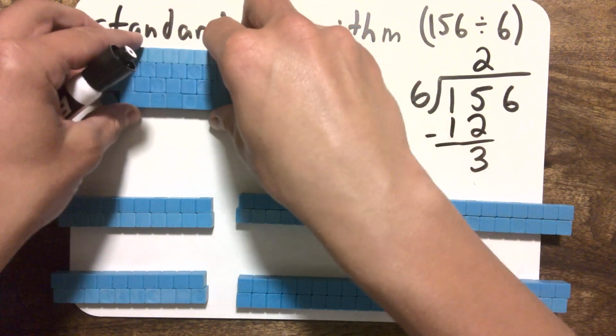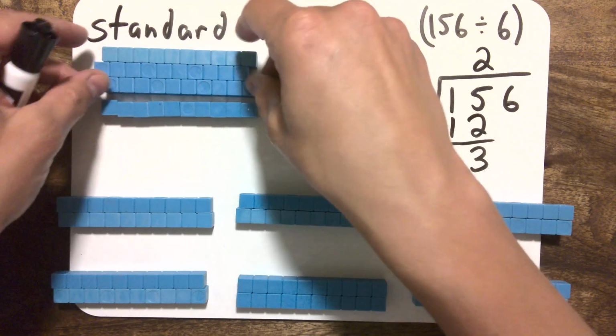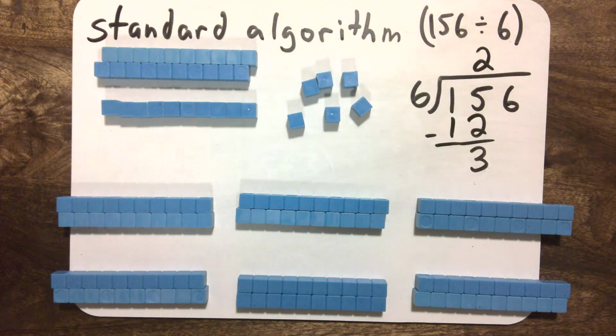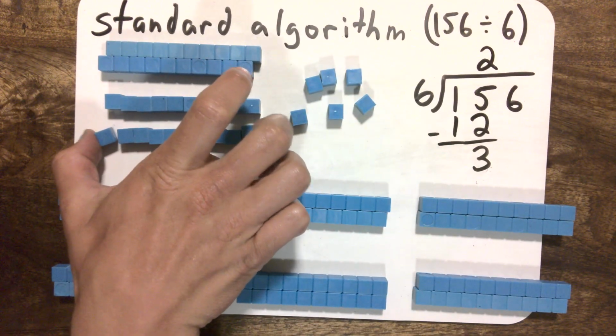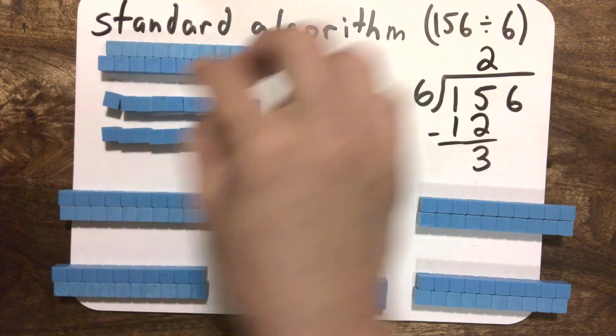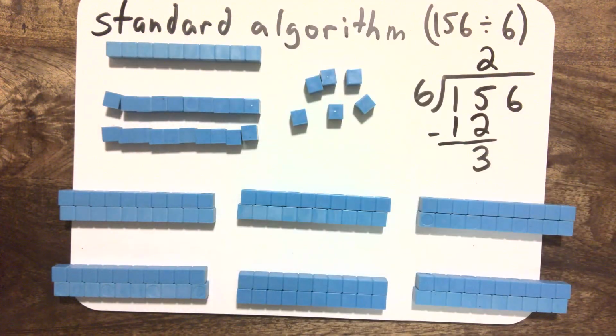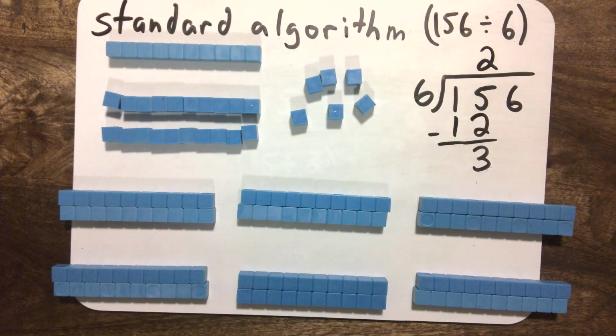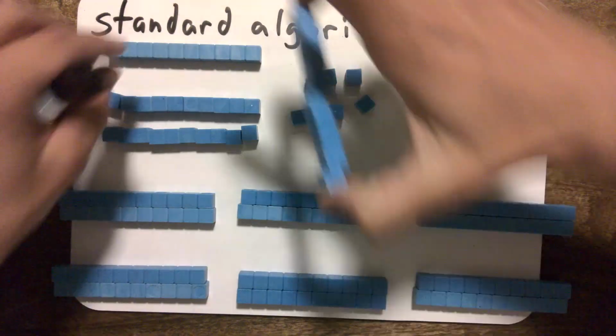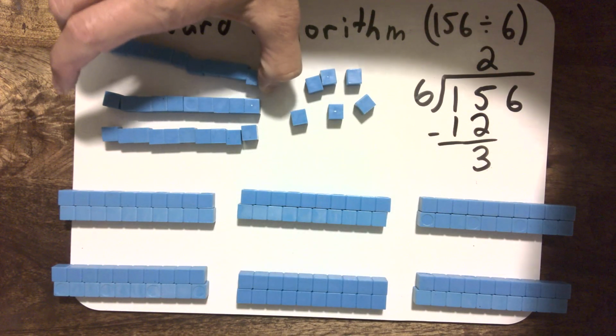That's one that I've exchanged, 1 ten for 10 ones. There's another 10 ones, and the last set of 10 ones here.